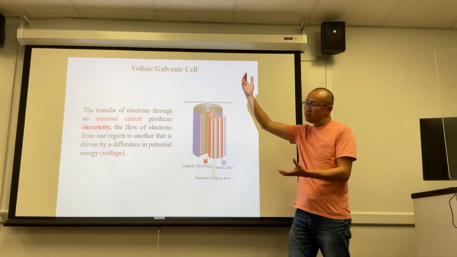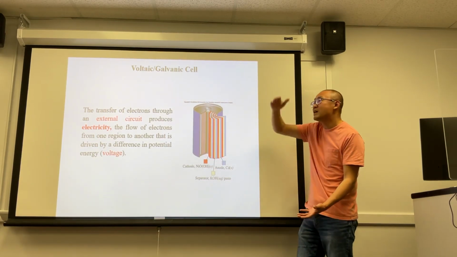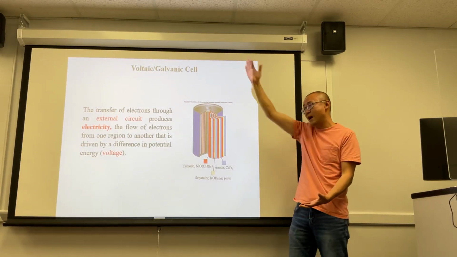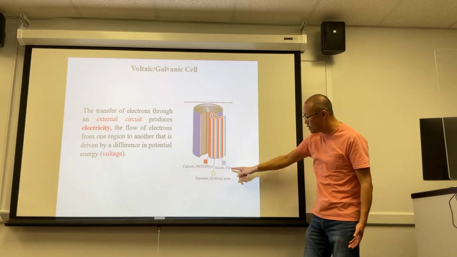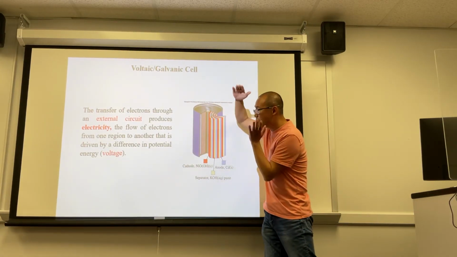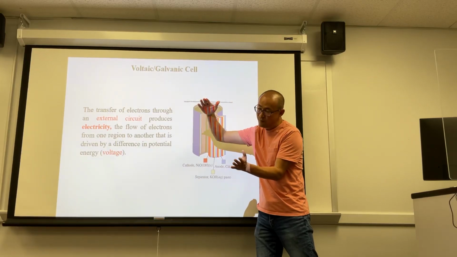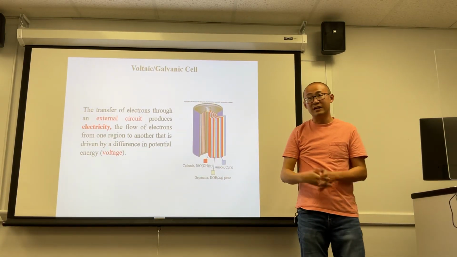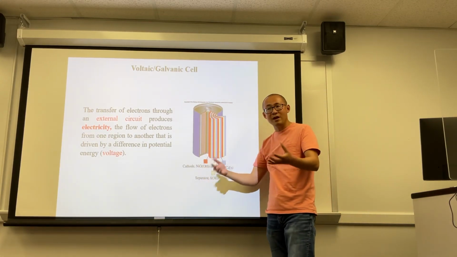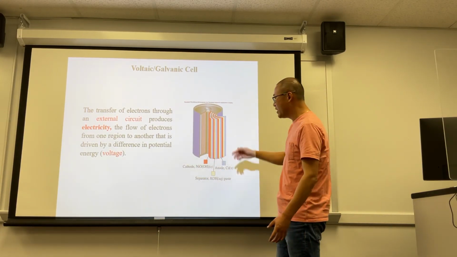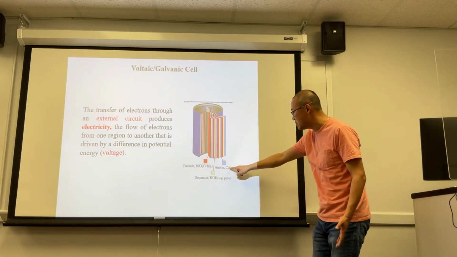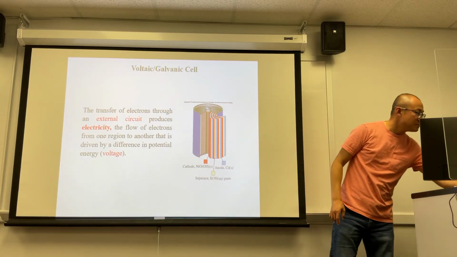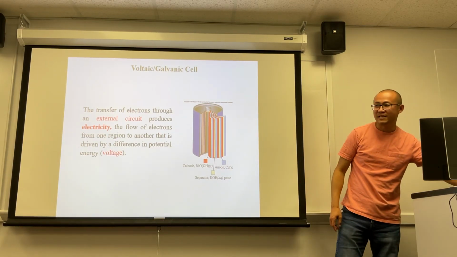Just like water moving from a higher place to a lower place, because water in the higher place has higher potential. The same, electrons always flow from higher to lower. And that potential difference is called the voltage of the cell. You have heard of voltage, right? Different batteries have different voltages. Voltage is the potential difference between these two substances. Does it make sense?